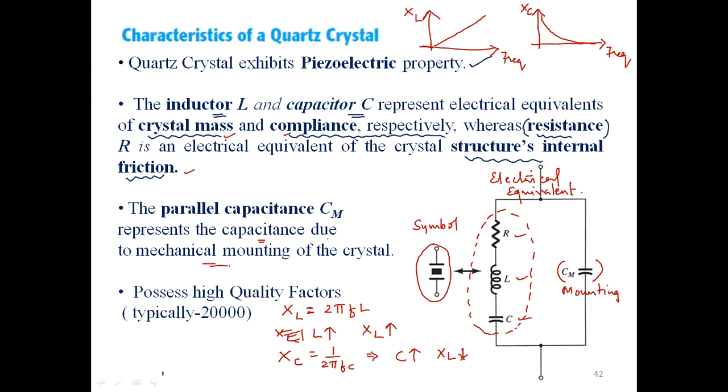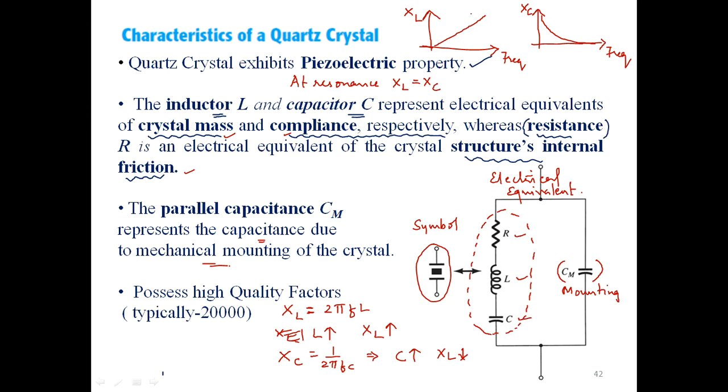Now what happens within a quartz crystal at resonance condition? Usually at resonance, the inductive reactance XL will be equal to the capacitive reactance XC. So I'll have to join both these things.